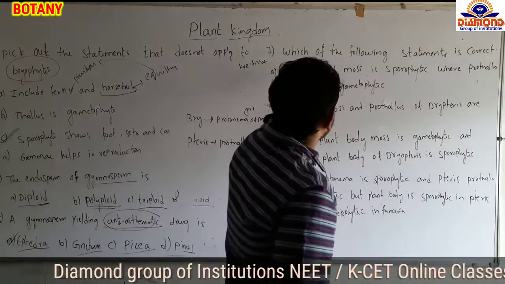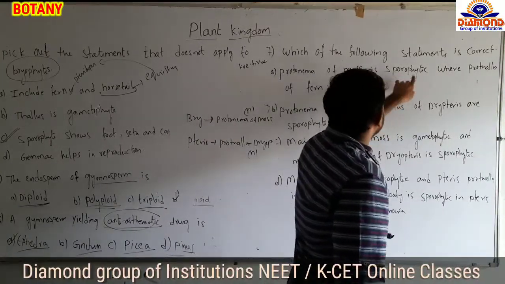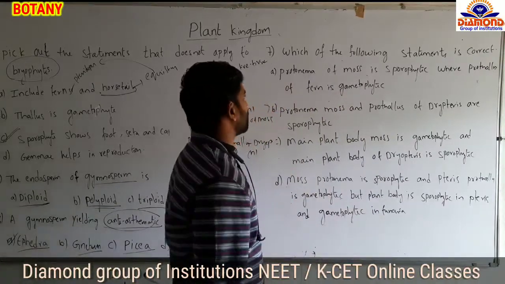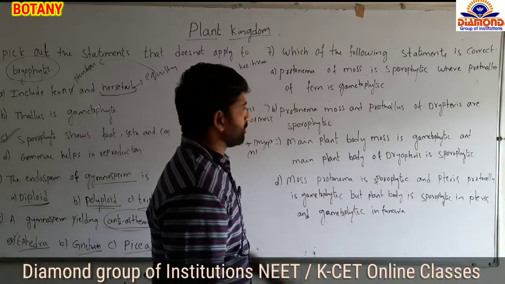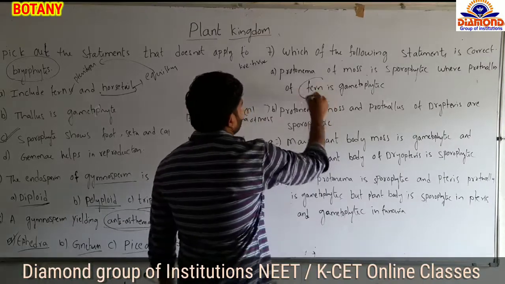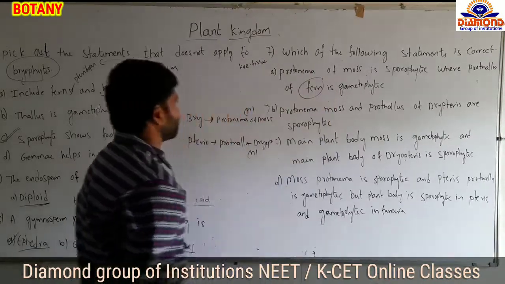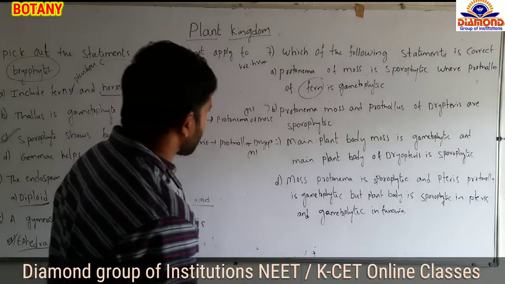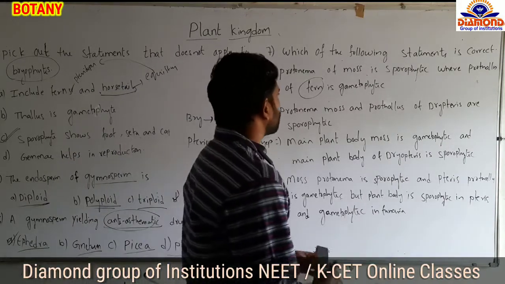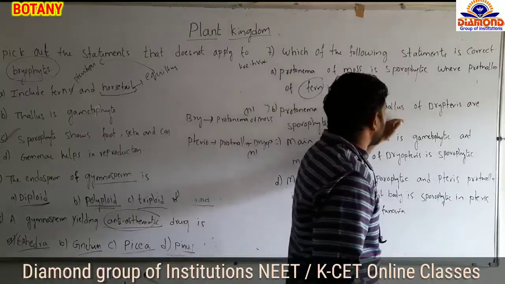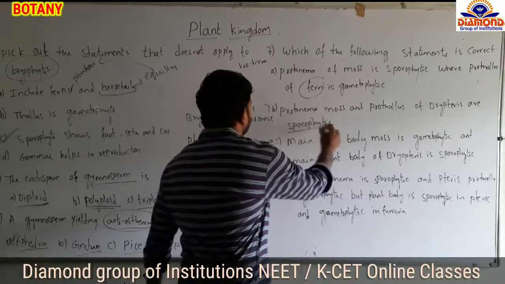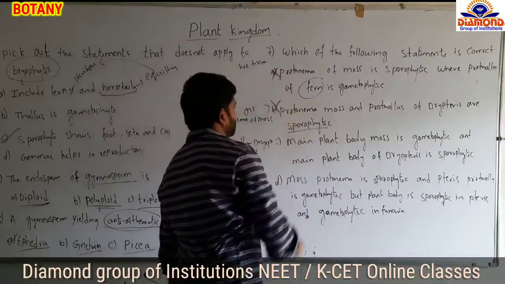Option A, protonema of moss is sporophytic, is not correct. Protonema of moss is gametophytic, and prothallus of ferns is also gametophytic. Ferns means pteridophytes. And option B says protonema of moss and prothallus of ferns are sporophytic. They are not sporophytic, they are gametophytic. Options A and B are incorrect statements.